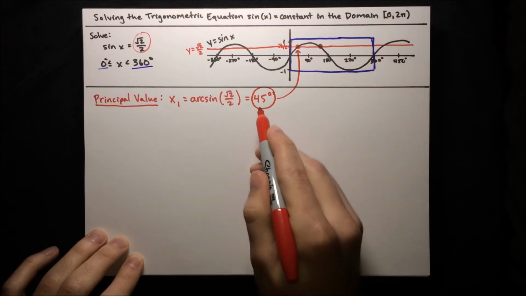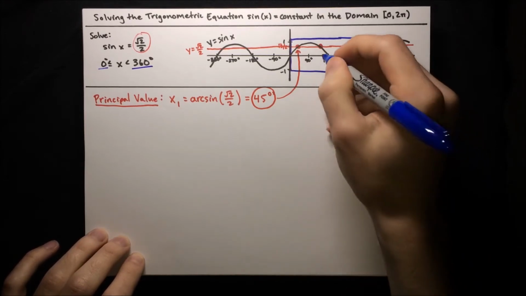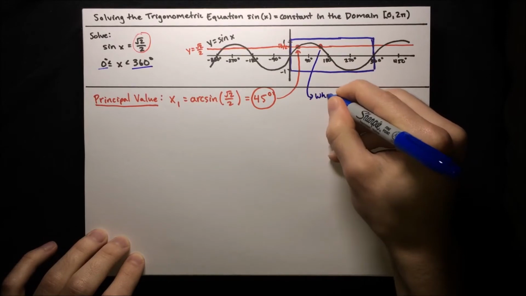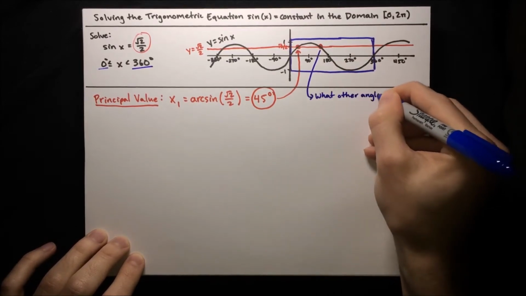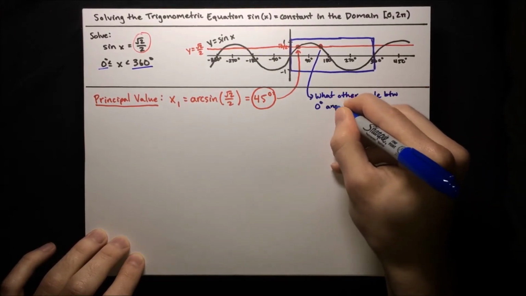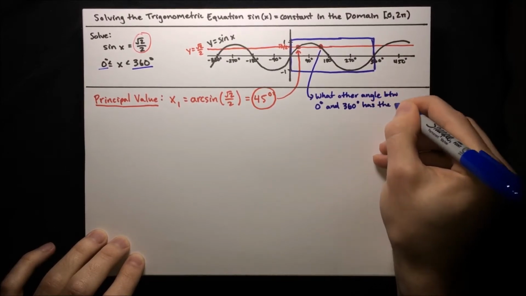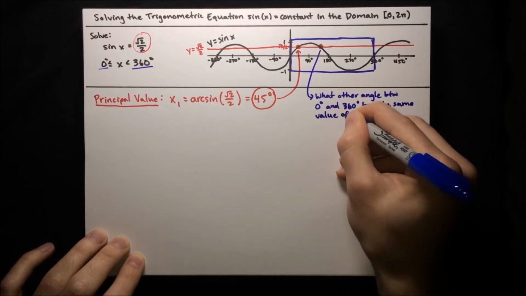Great, so we've got one of these solutions, but how about the other solution over there? So the question that we need to ask ourselves for this other solution is, what other angle between 0 degrees and 360 degrees has the same value of sine?